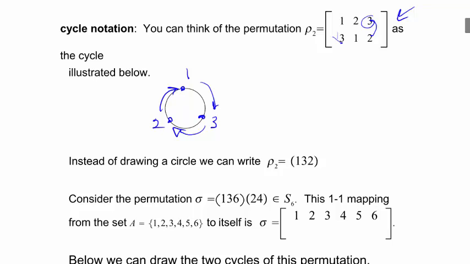So we call this a 3 cycle. And instead of using this notation, we just use this. Row 2 is equal to the cycle that sends 1 to 3, and 3 to 2, and 2 back to the starting point 1. The right parenthesis here just indicates that 2 goes back to the beginning. So this is the cycle notation for that permutation.